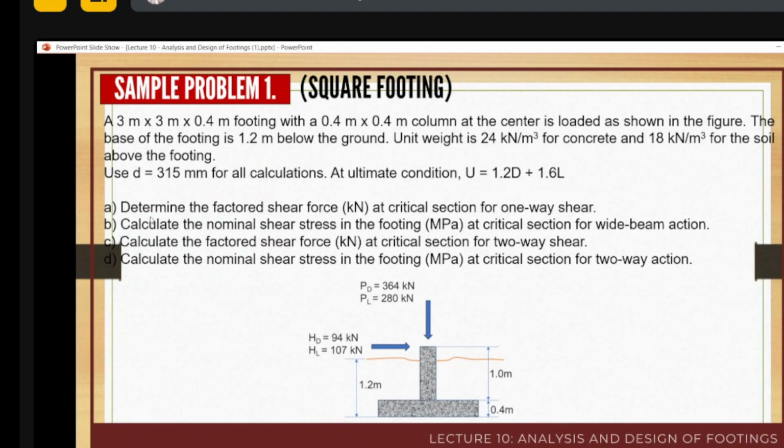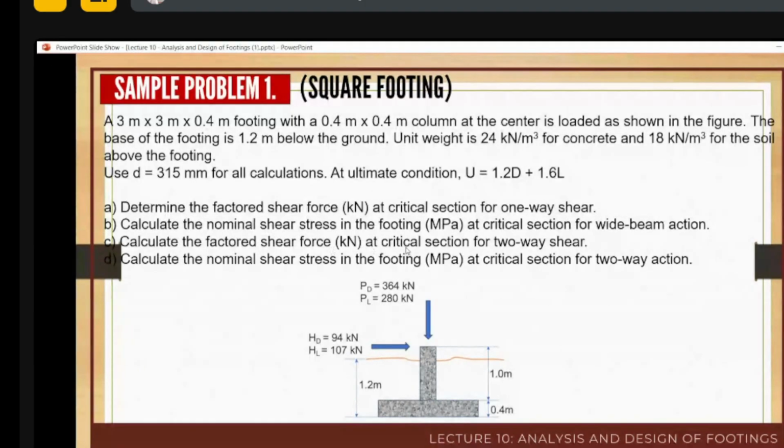What is required is to determine the factored shear force, VU, at the critical section for one-way shear. And then calculate the nominal shear stress in the footing in MPa at the critical section for wide beam action. So VU, VN.